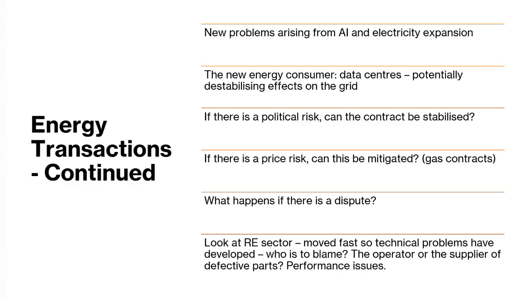But then that point about gas contracts, we've talked about renewables. I've mentioned oil and the specificities there. I'll deal with gas primarily next week because it's to do with transportation. But one of the features about gas that's so odd is the fact that there's no international gas price.